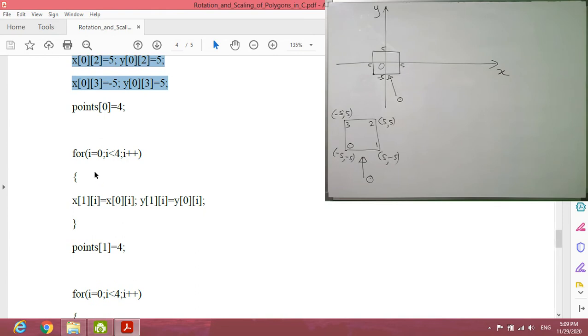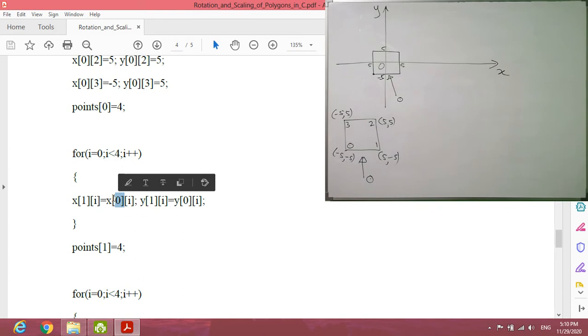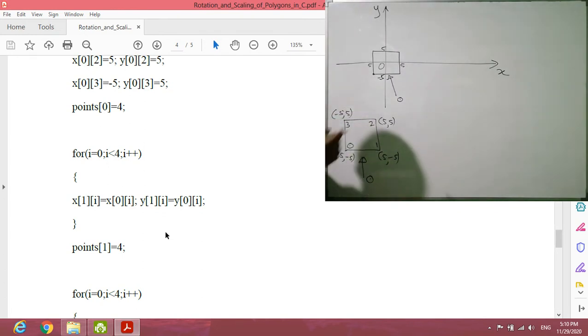Okay, now we move to here. We use a for loop and we copy the x, y coordinates of our zeroth one to 1. That means we create another square with the same coordinates.